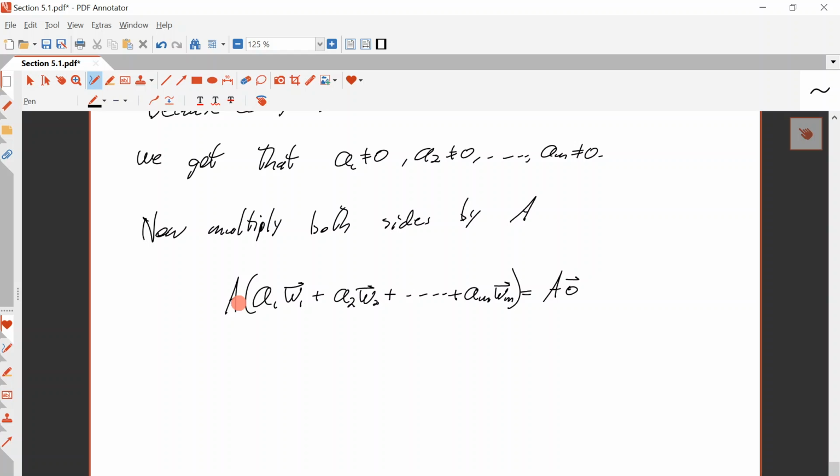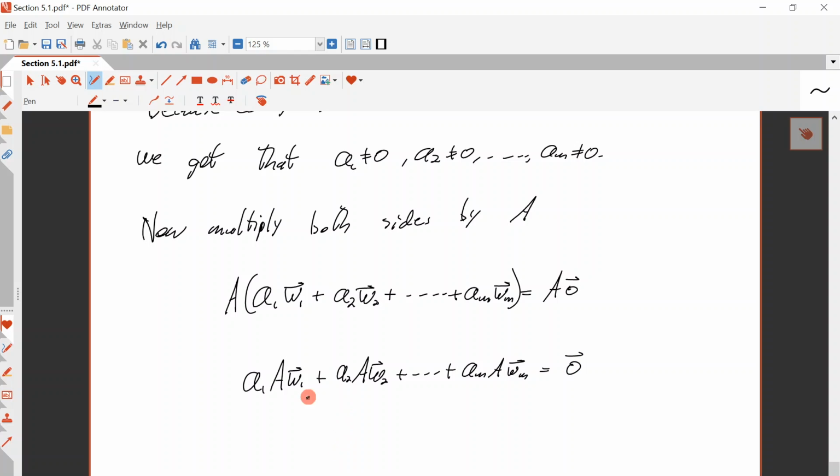Alright, so, well, matrix multiplication distributes over such linear combinations. So this is A1 A W1 plus A2 A W2 plus AM A WM, and A times 0 is 0.